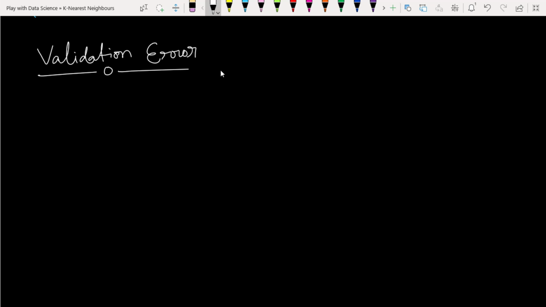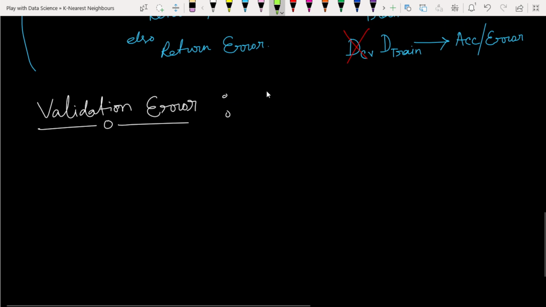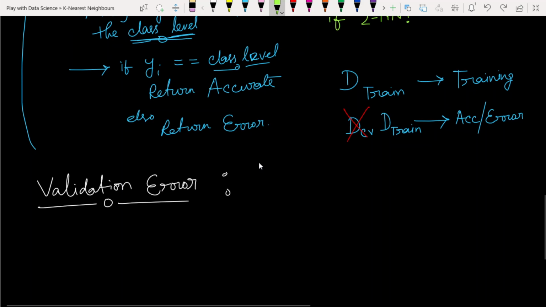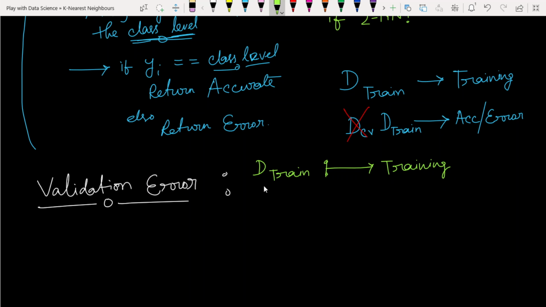So here we use Dtrain data for training purposes, and we use the cross validation data to find the accuracy, the error term.